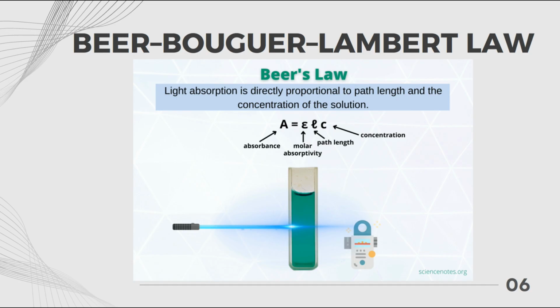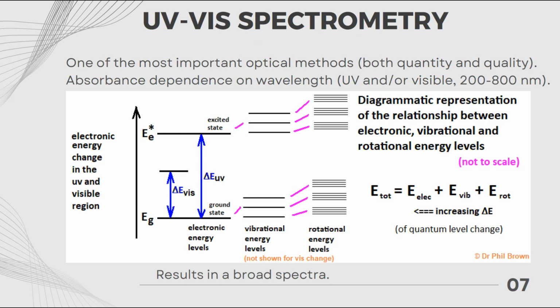A very easy equation. Okay, now let's try to move to something more difficult. And now let's try to speak about UV-visible spectrometry. Let us first do the definition for those who may not know.